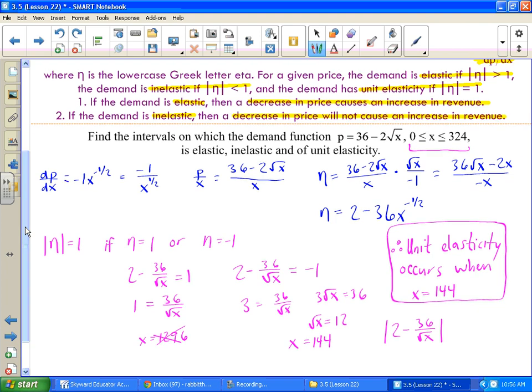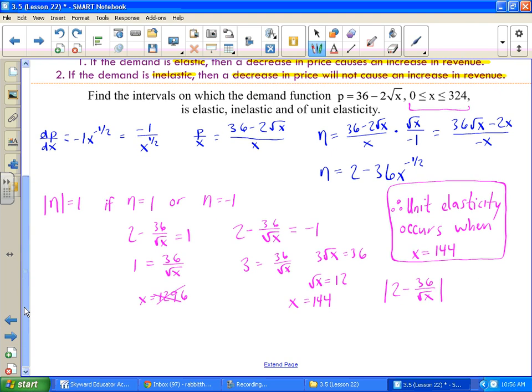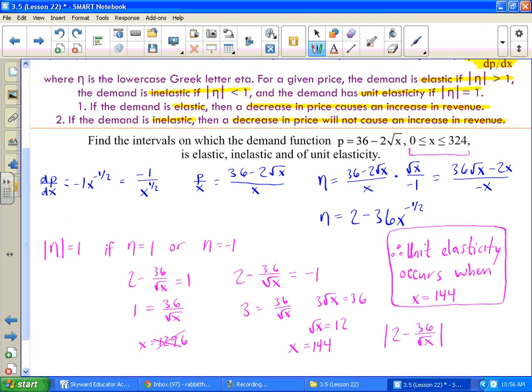So if I go up here, is that greater than 1 or less than 1? Greater than 1. So if I'm going from 0 to 144, is it elastic or inelastic? Elastic if it's greater than 1.